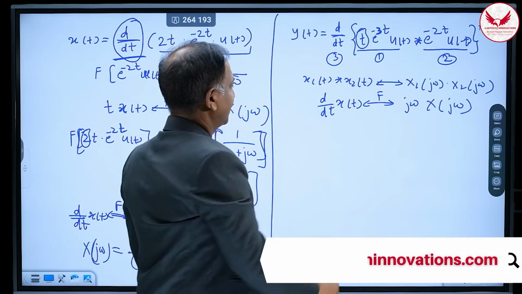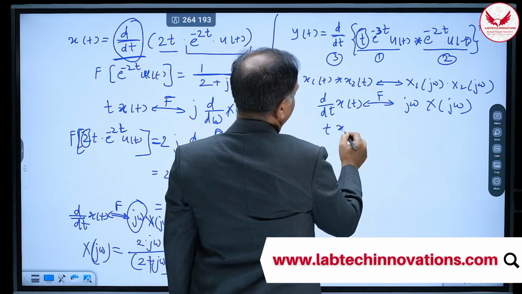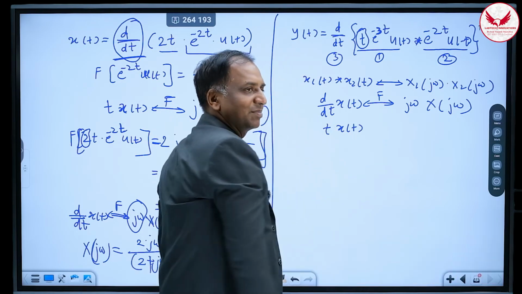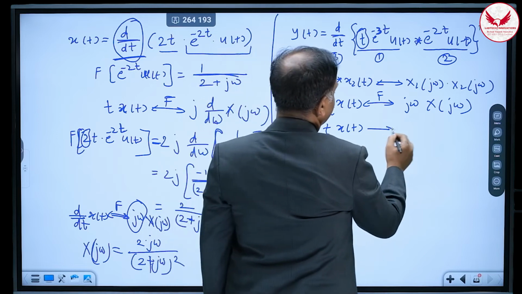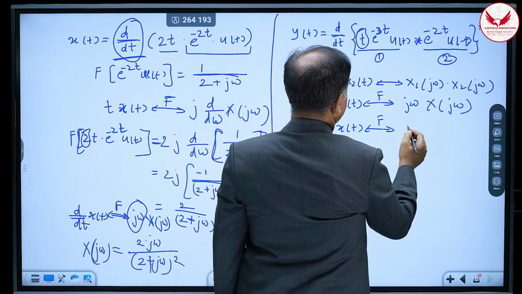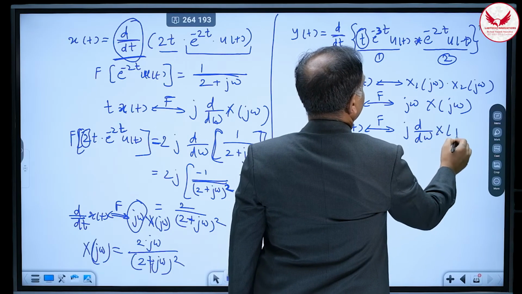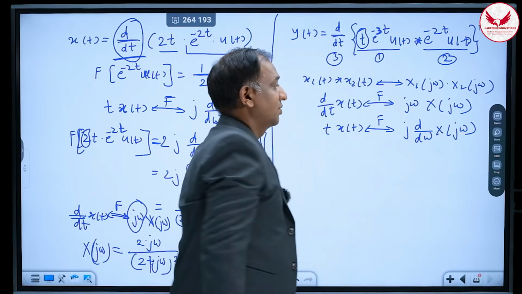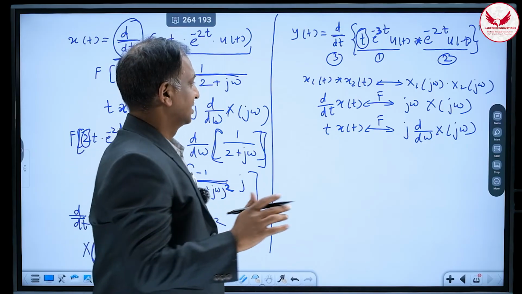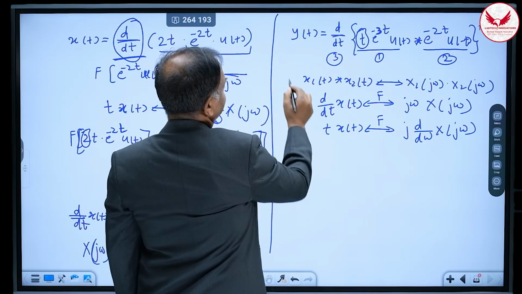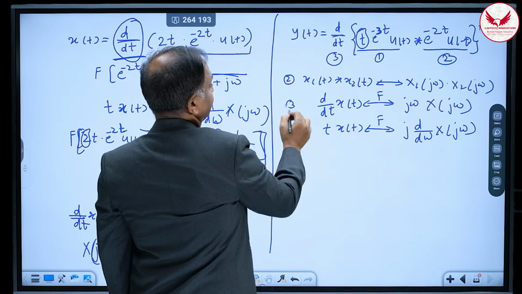You have to use that property also: if the signal t into x of t is multiplied in the time domain, its Fourier transform is equal to j into d upon d omega of x of j omega. So we have to use these three properties: this is the first property, this is the second property, and the third property.